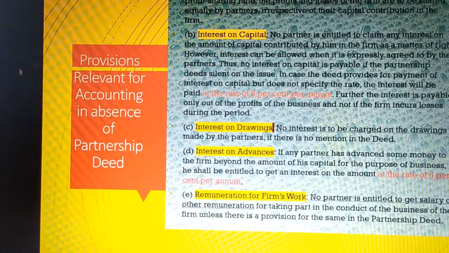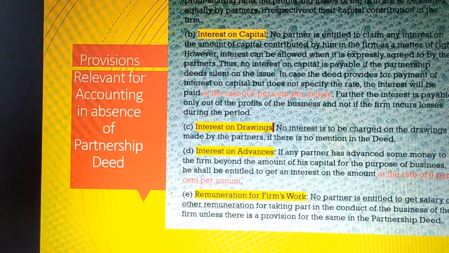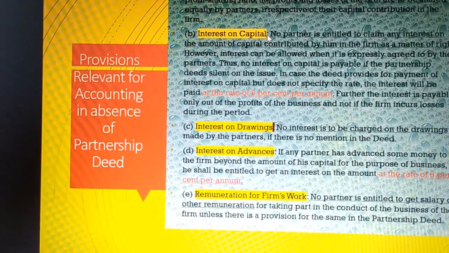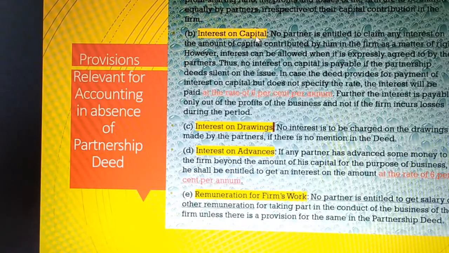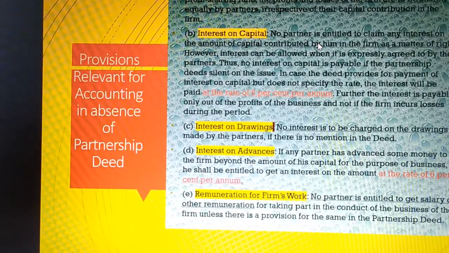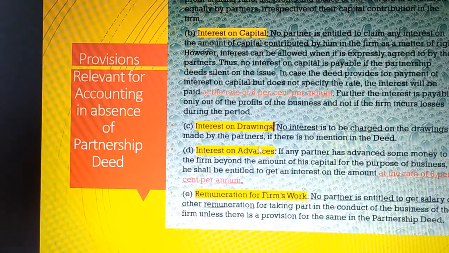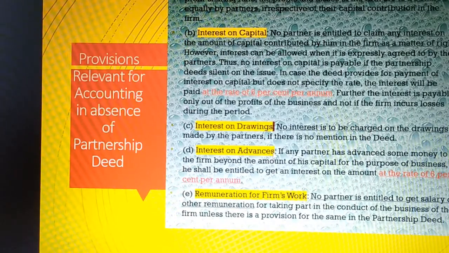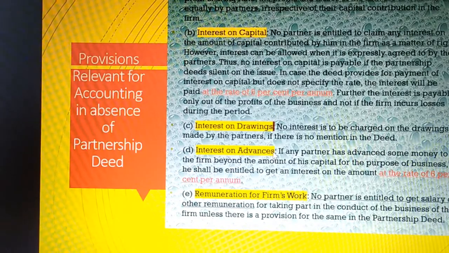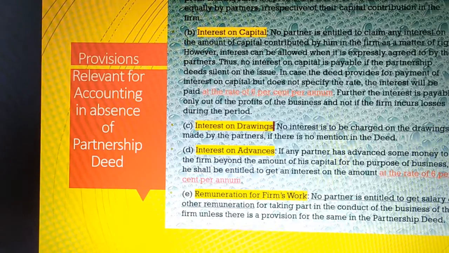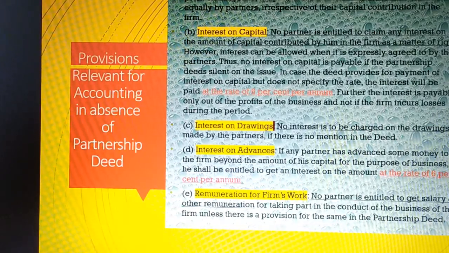In the absence of a partnership deed, profits and losses will be shared equally among the partners. There will be no interest paid on the capital contribution by the partner. If there is no partnership deed, no interest on capital will be charged. If any partner has advanced any loan, then on that advance, interest will be paid at the rate of 6% per annum.